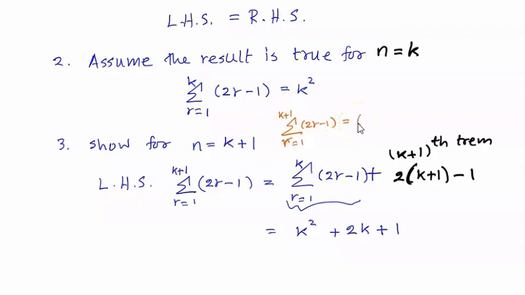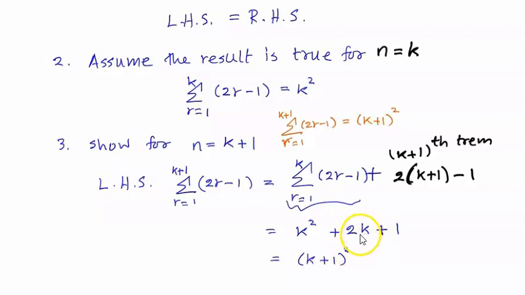So if I have k plus 1 squared, I should be good. So what I'm trying to show is that this is true. Now let's see if this part here is actually that.